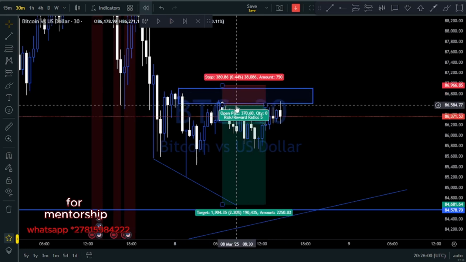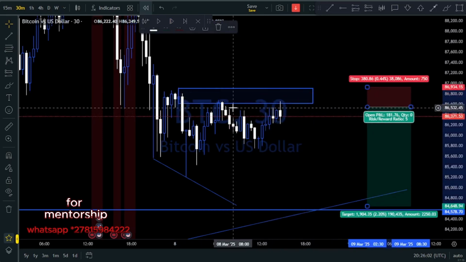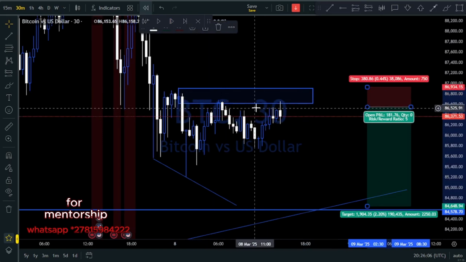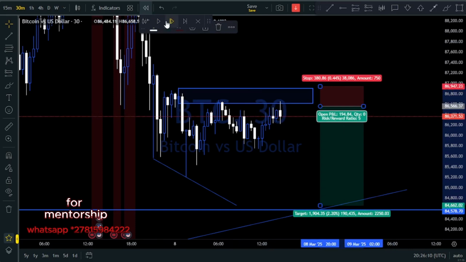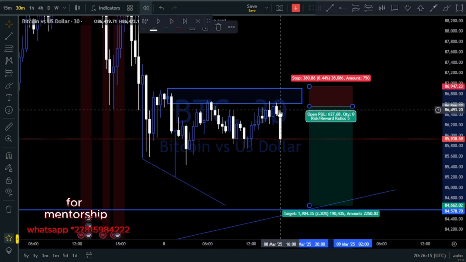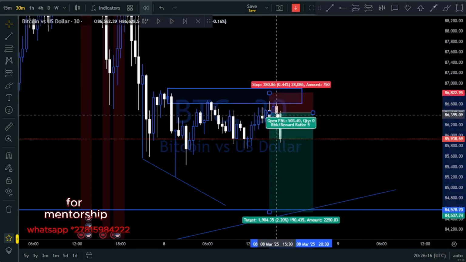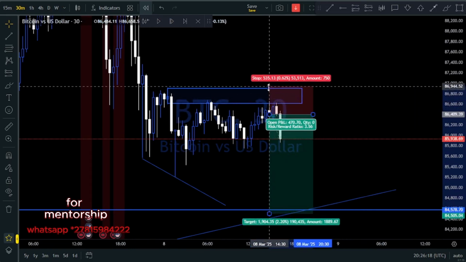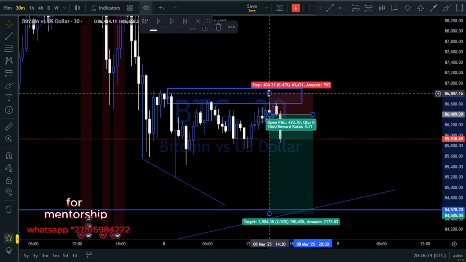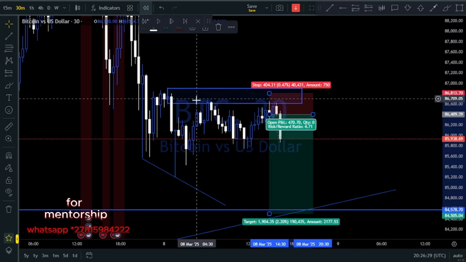By then, when it comes back here, my stop loss was on break even. It was on this candle, and then my stop loss was somewhere here, just above the 50% area of this.